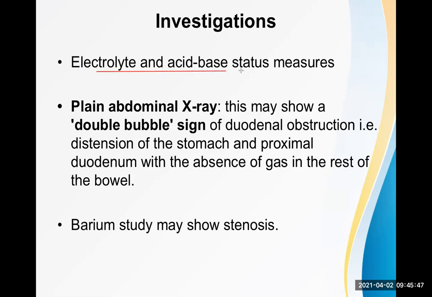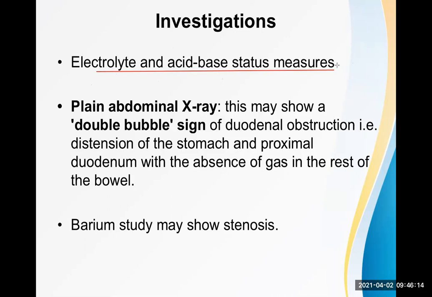Electrolyte and acid-base status should be measured. Now, this baby is profusely vomiting for a relatively longer period of time. It depends when the baby is taken to the hospital. By that time, the baby is already having electrolyte imbalance, especially potassium. Potassium may be low in this type of cases. And acid-base status depends on the dehydration.